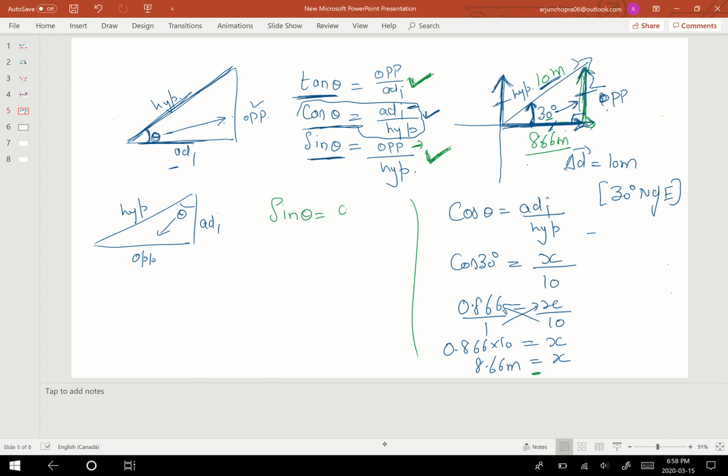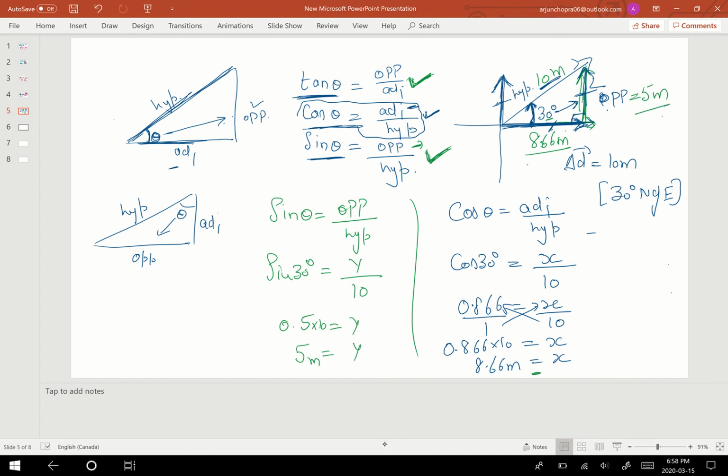Sine theta is equal to opposite upon hypotenuse, and this is 10. The opposite value we don't know, I'm going to call it y. Sine of 30 degrees is 0.5, times 10 equals y, which will be 5 meters. So the vertical component, the opposite side, came out to be 5 meters.